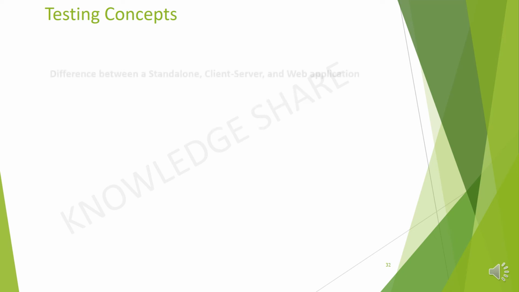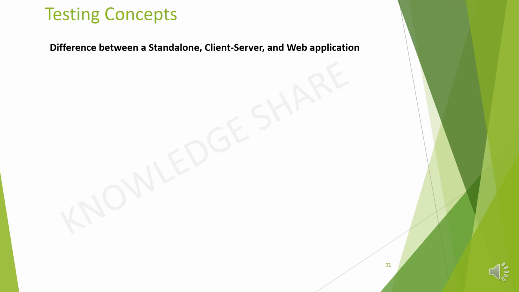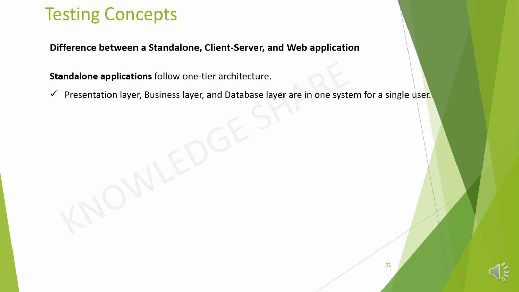Next question, difference between a standalone application, client-server application and web application. Standalone applications follow one-tier architecture. Presentation layer, business layer and database layer are in one system for a single user, whereas client-server applications follow two-tier architecture.